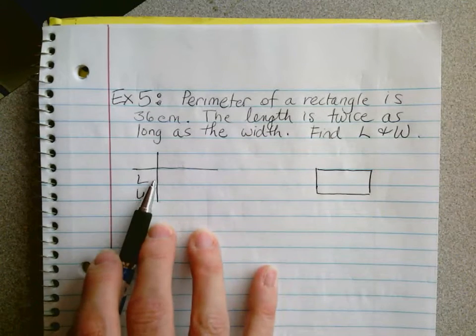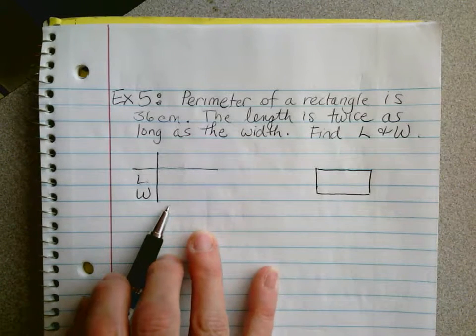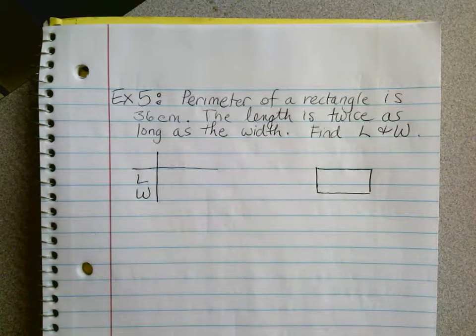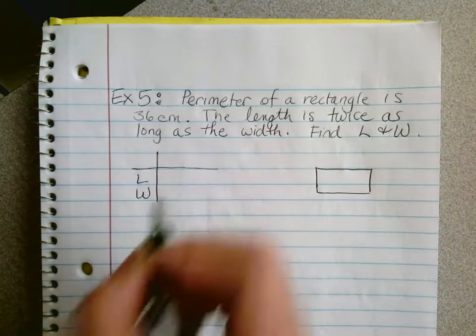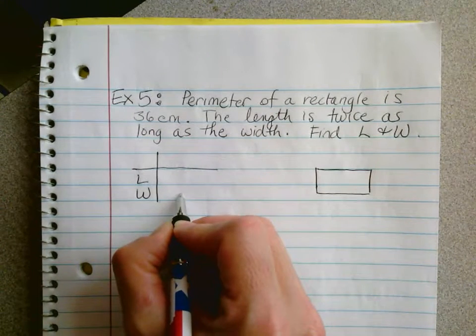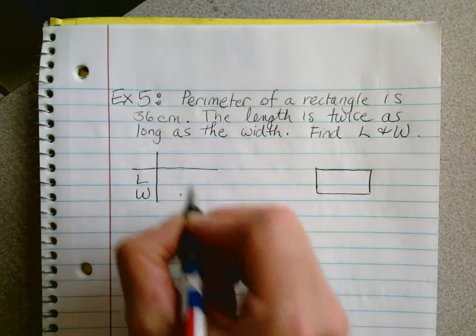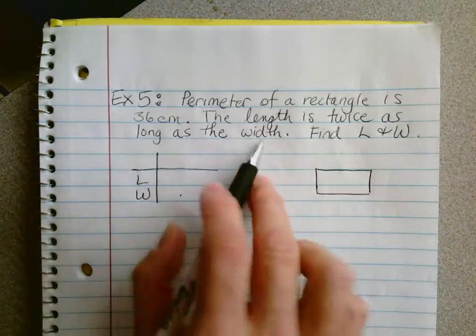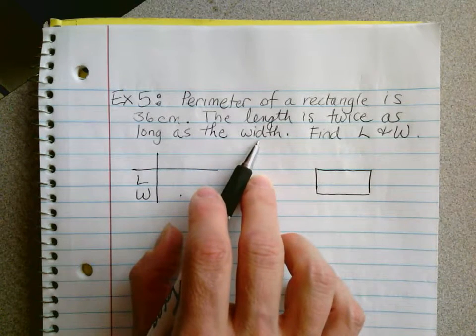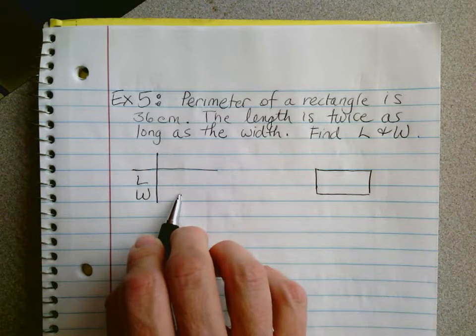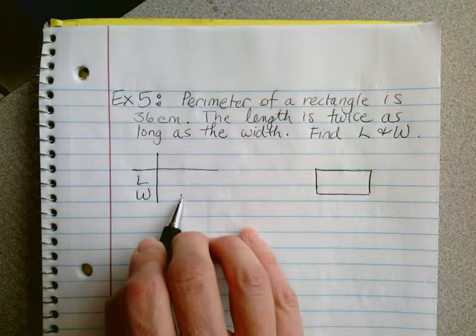So what do we know about the length versus the width? How would you indicate width based on that information? The length is twice the width. Okay, W is what, Lee? Width is?